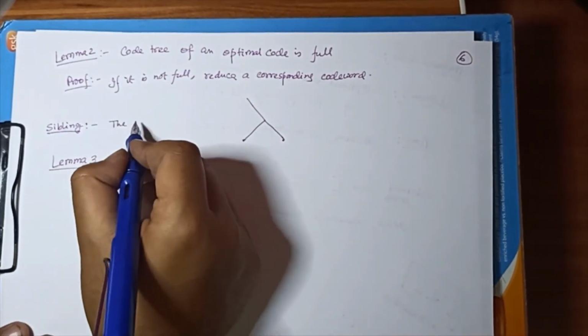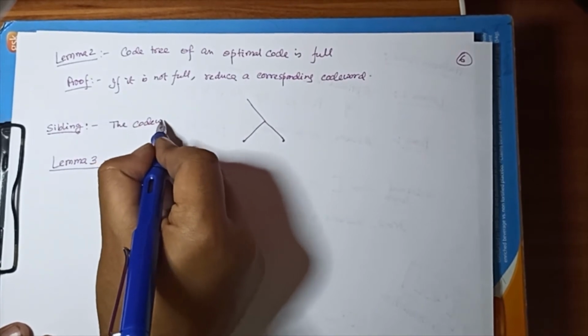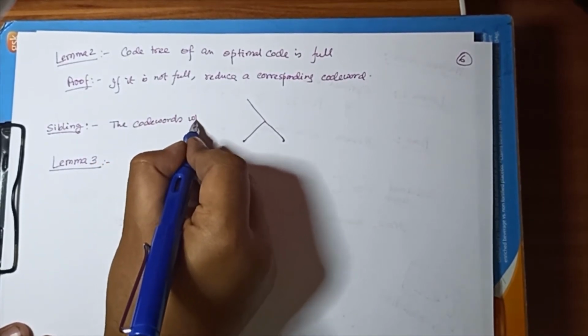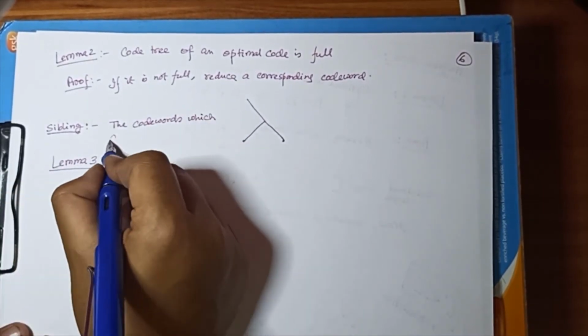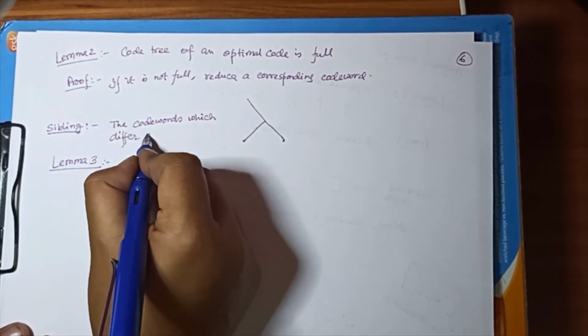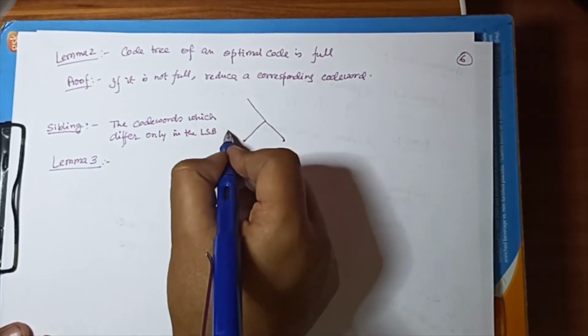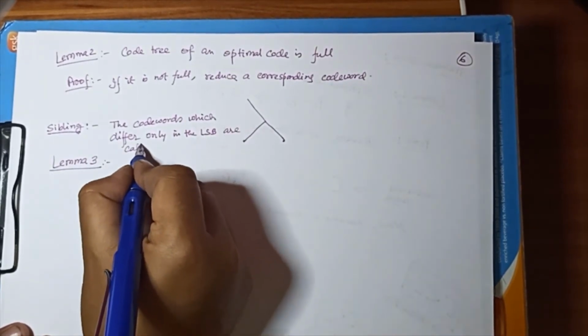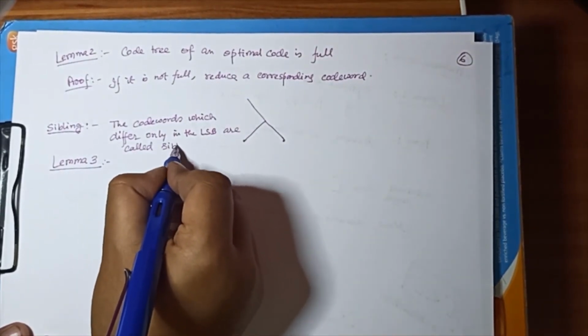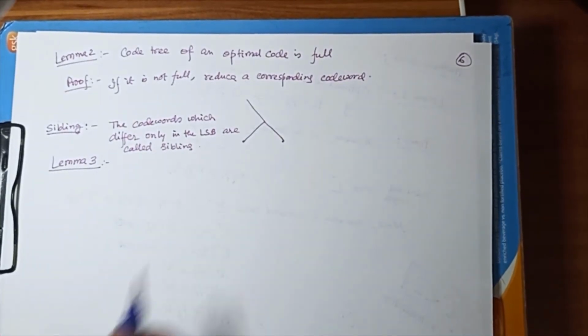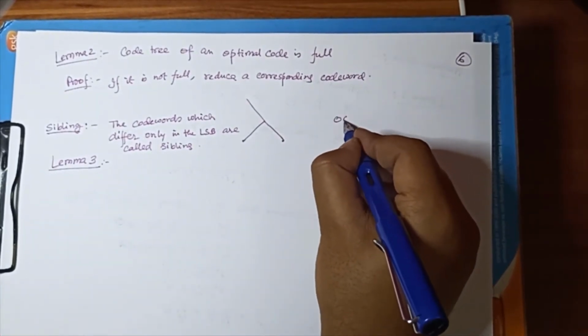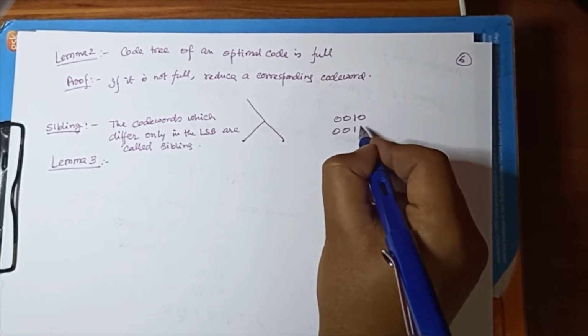So two code words which differ only in the LSB are called siblings. For example, 0010 and 0011, they are siblings.